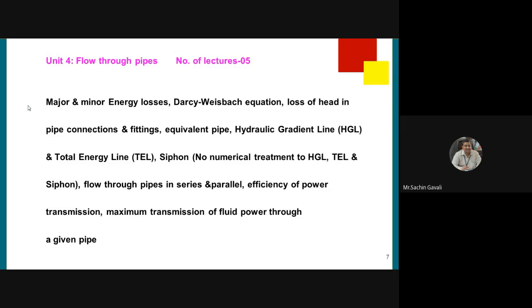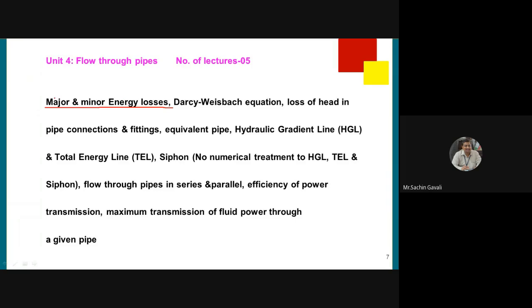But when we transfer the fluid, there are always certain losses in the pipeline. So first of all, we have to understand the different losses. Up till now, in unit number 3, we have not considered the Bernoulli theorem with losses. We have considered Bernoulli theorem in ideal condition, but in the real case there are losses existing for the fluids. So we are going to study the different losses.